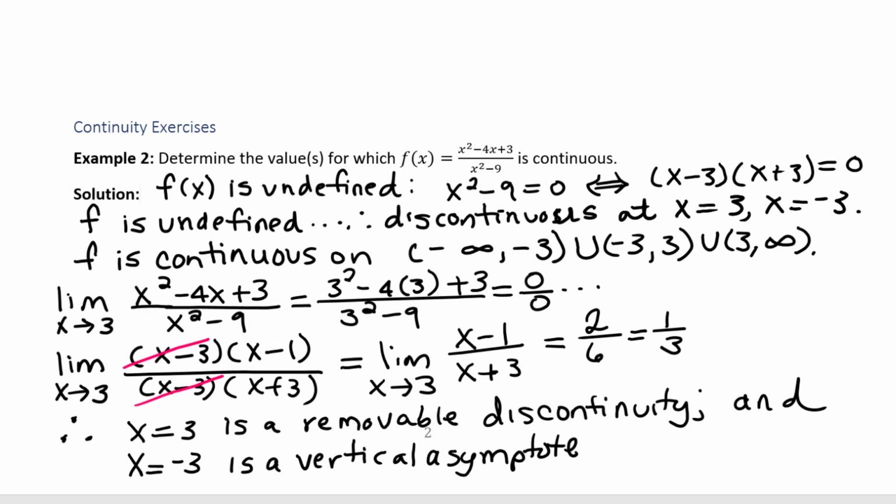And where you get the vertical asymptote, you have an infinite discontinuity.